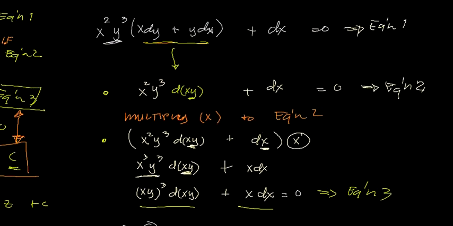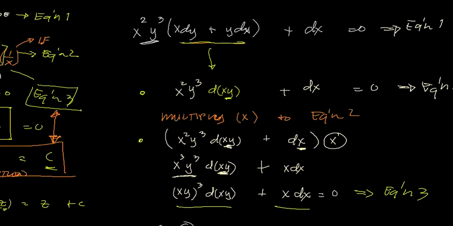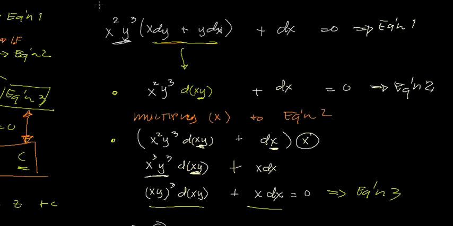Once again, let's review. We have this as our given ordinary differential equation. We have x squared y cubed multiplied by this part, which is the exact differential of xy, plus the remaining part, which is the x.